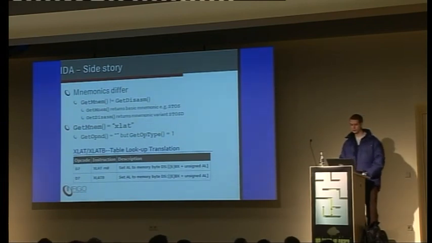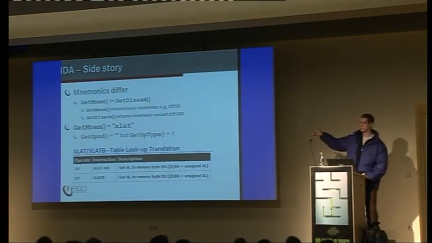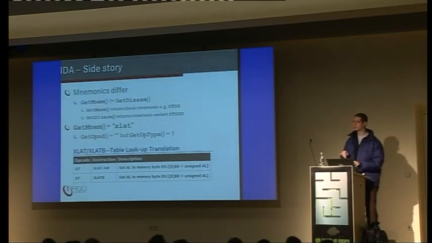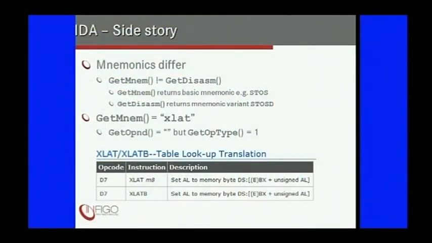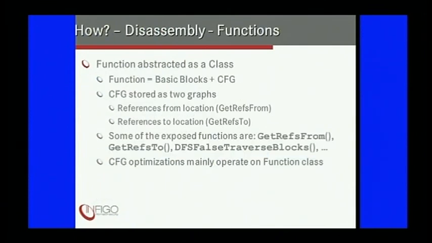So if you use IDA to analyze this code and you get an xlat instruction, you will think that you have an operand associated with that instruction, but this is false. If you run get operand for the first operand, you will get 0, an empty string. But get operand type returns 1. So this is a hidden operand that is actually the bottom syntax used. This is just something to note if you are going to instrument code like this.